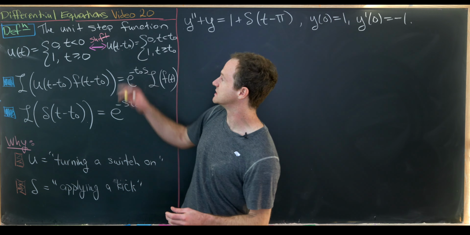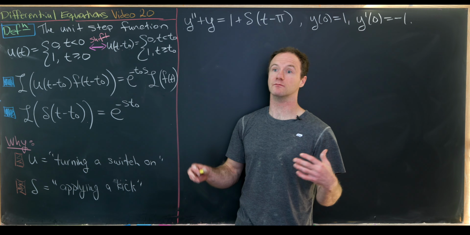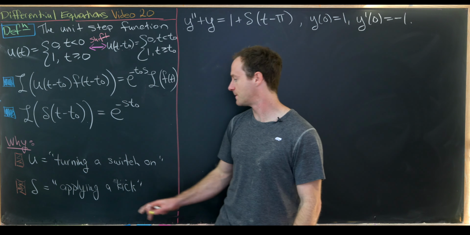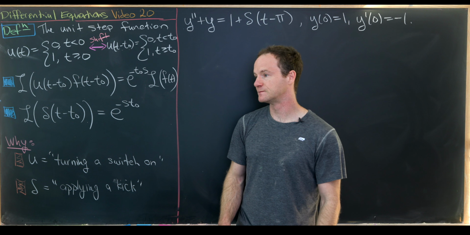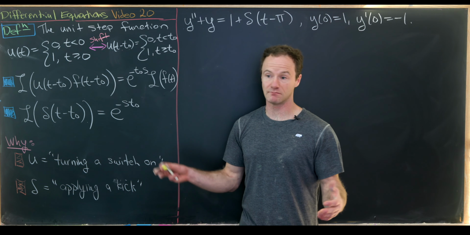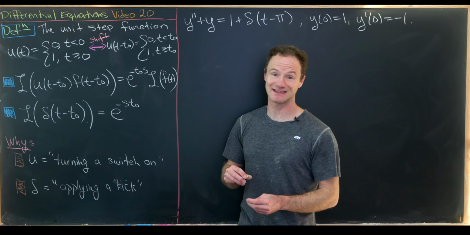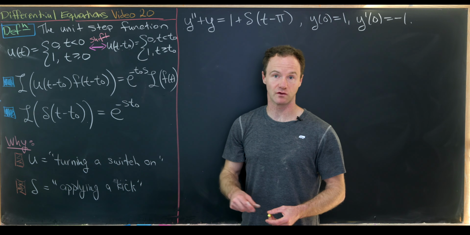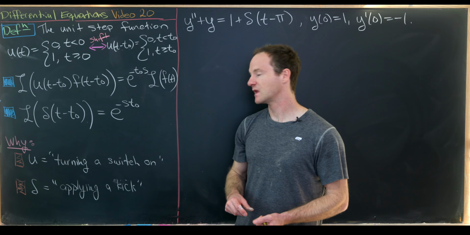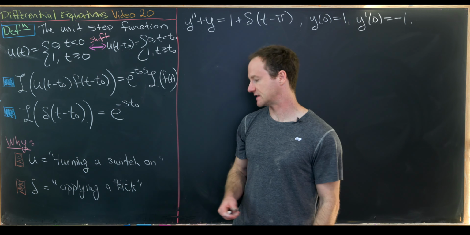Then you might want to use this unit step function to mathematically turn this switch on. And then delta is like applying a kick to a function. For instance, if you're modeling the reverberations of sound waves, delta would be like hitting a drum one time at a certain exact point in time.